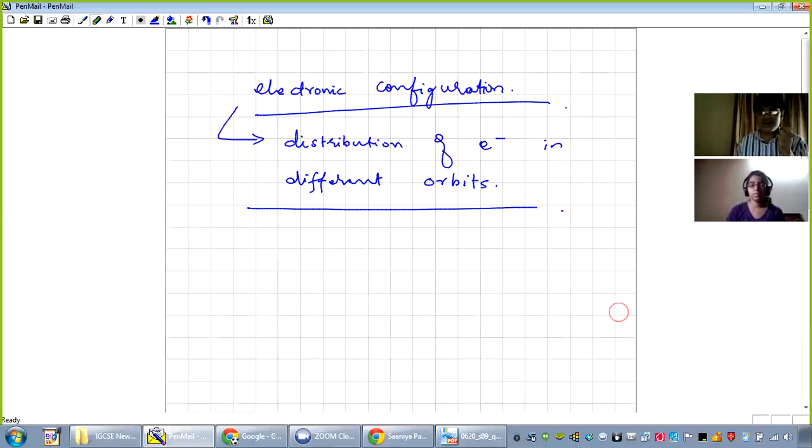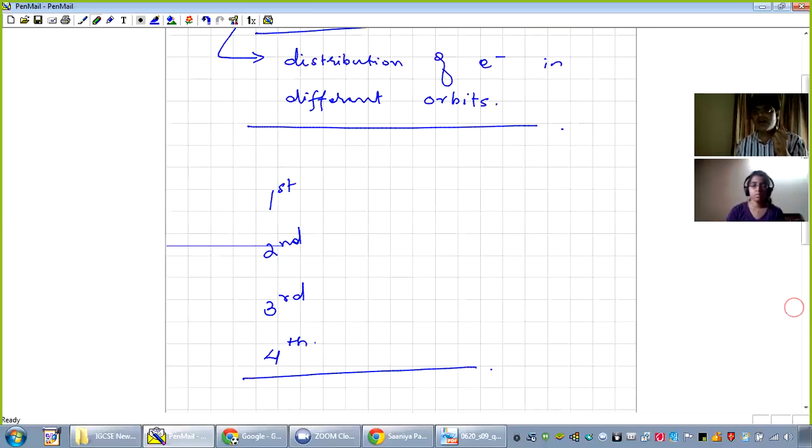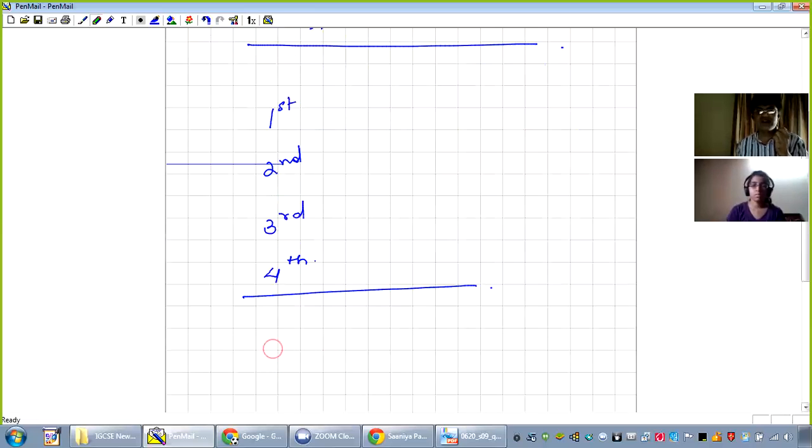Can you tell me, is there a particular formula to calculate how many electrons can be placed in the first orbit, the second orbit, the third orbit, the fourth orbit, and finally, the maximum number of electrons that can be placed in the outermost orbit?